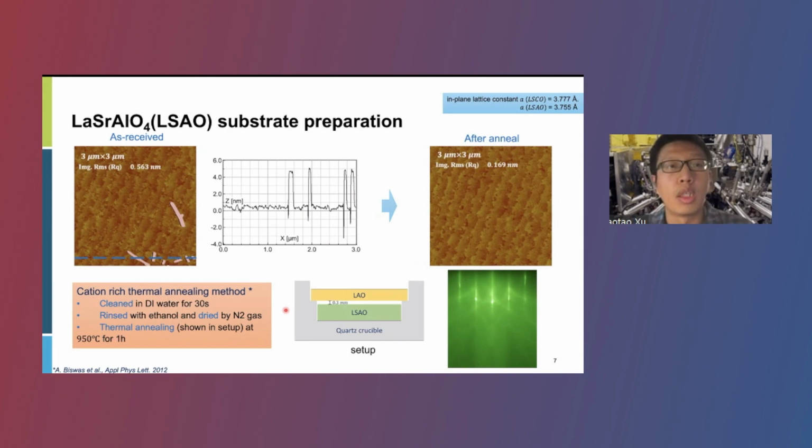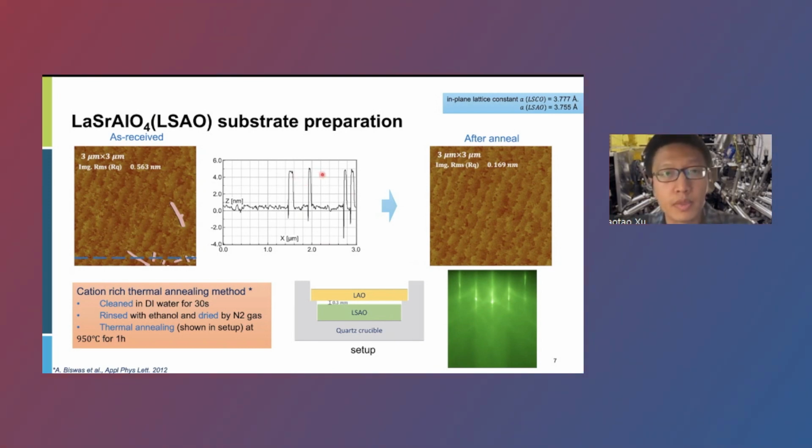So for LSAO, we have developed this cation-rich thermal annealing method. As we can see, the as-received substrate usually has defects with a height of 5 to 6 nanometers.